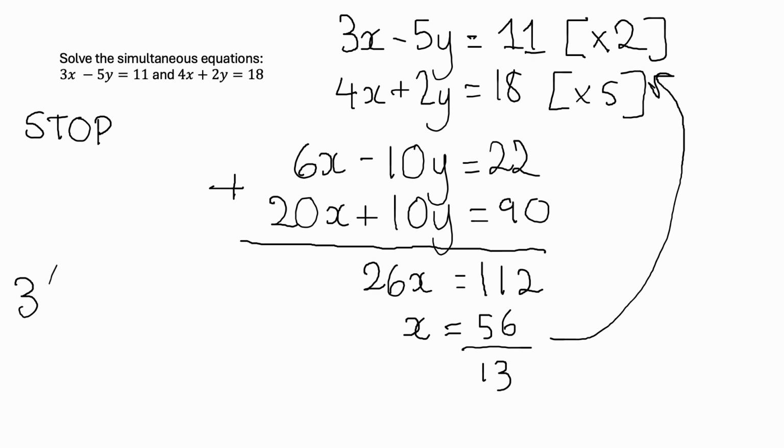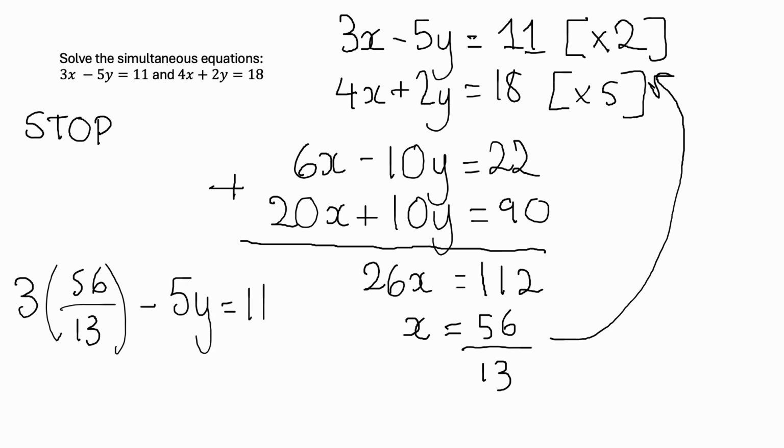So 3x is 56 over 13, minus 5y is equal to 11. 3 times by 56 over 13 is 168 over 13, minus 5y is equal to 11.